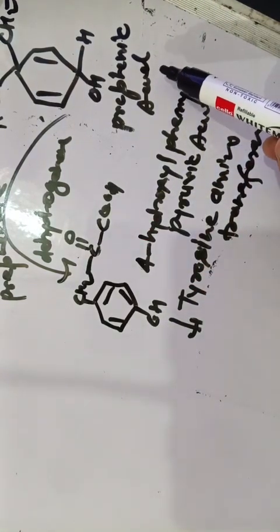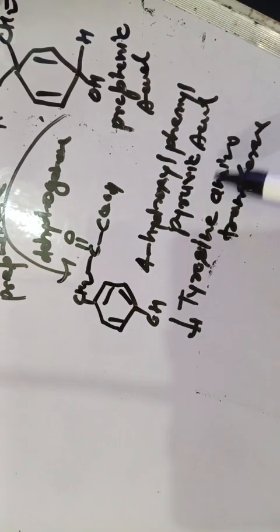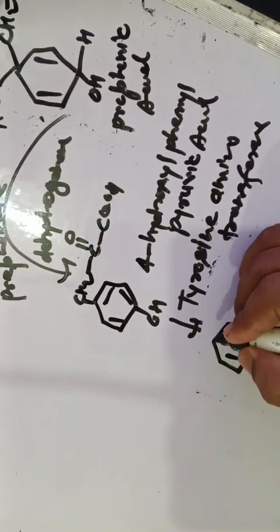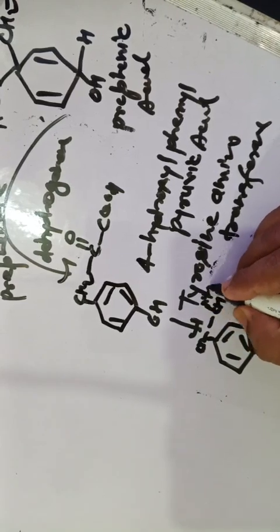And you know that when we use prephenate dehydrogenase on prephenic acid, we will get a new compound, 4-hydroxyphenylpyruvic acid. When tyrosine aminotransferase is used on 4-hydroxyphenylpyruvic acid, then we will get our aromatic amino acid, tyrosine, and this is the structure of tyrosine: OH, CH2, CH, NH2 and COOH.